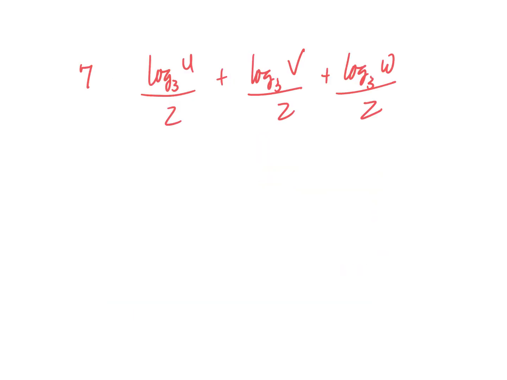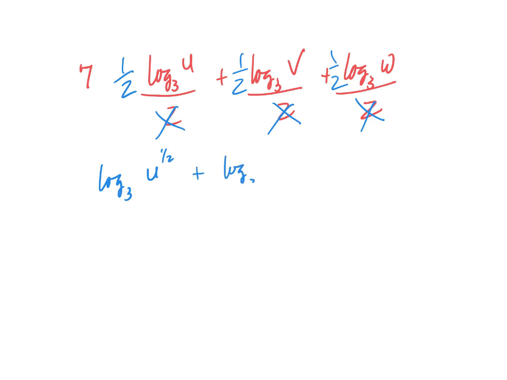So if we look at this 2 downstairs, it's the same as having a 1/2 in front. So if I do this and just put a 1/2 in front, well, when you do that, that becomes log base 3 of u to the 1/2, because you give everybody their exponent, log base 3 of v to the 1/2, plus log base 3 of w to the 1/2.